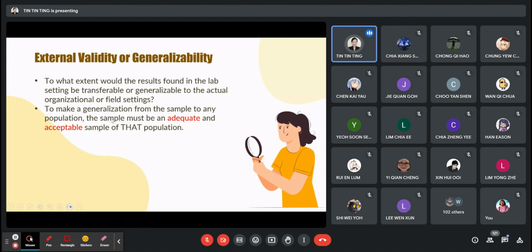Cannot. Can those 100 people represent the 500,000 students? Cannot. So it is not an adequate, acceptable sample size. Therefore you will need to know your population before you can decide on the sample size.